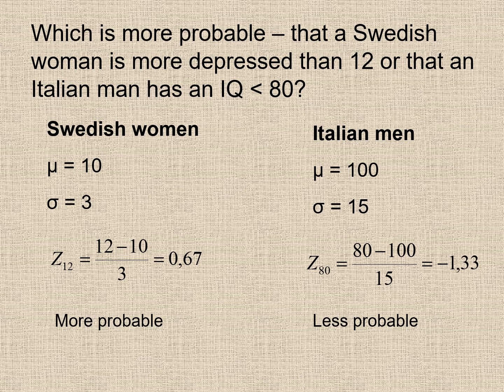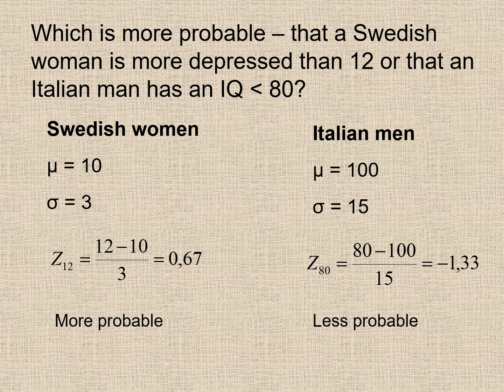And because 80 among Italian men on IQ is more extreme, the probability is lower to get an even more extreme value. So that outcome is less probable. While the probability of getting a Swedish woman that has a value on depression that is above 12, that is a less extreme outcome.